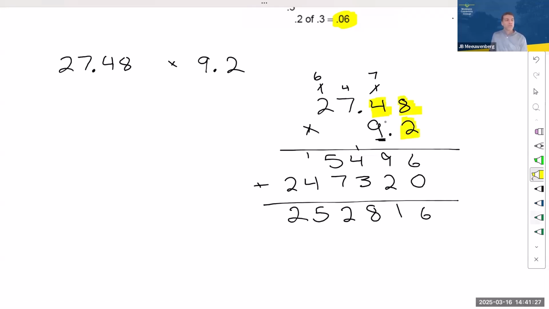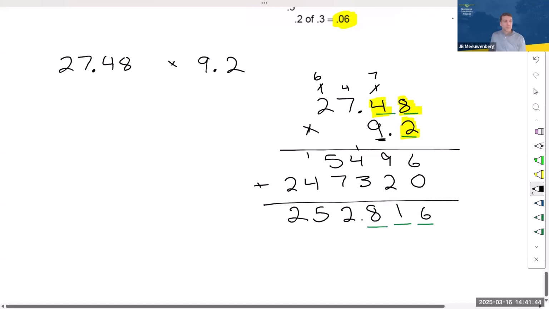So we had a total of 1, 2, 3 numbers in decimal places. You need to have that many in your answer. So starting from the right, we count 1, 2, 3. Those 3 numbers need to be in the decimal places, so we put our decimal point right there.